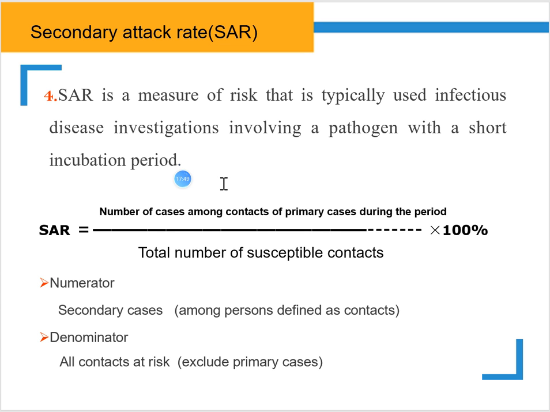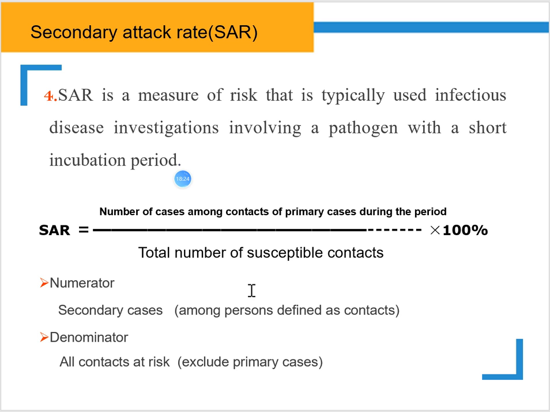Secondary attack rate is a measure of risk that is typically used in infectious disease investigations involving a pathogen with a short incubation period. The numerator of secondary attack rate is the number of cases among contacts of primary cases during the period, also called secondary cases among persons defined as contacts.